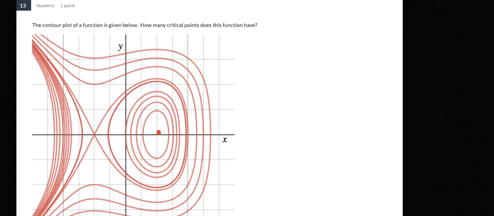And then the second critical point is the point where the level line self-intersects. I'm talking about this point right here. Actually, let me use a different color so that it's easier to see these points. So there's one critical point somewhere here, and then the second point is right here.